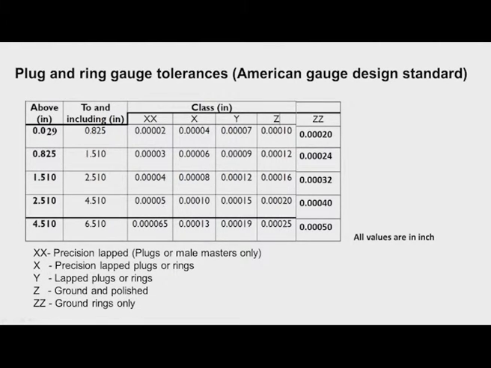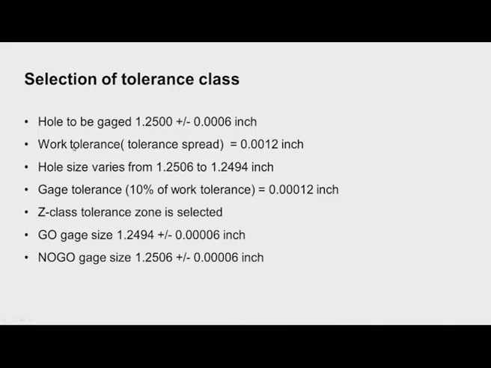Now we will take a simple example to show how the tolerance class can be selected. Let us assume we have a hole to be gauged with basic size 1.25 inch plus or minus 0.0006 inch. This is the tolerance provided on the hole.